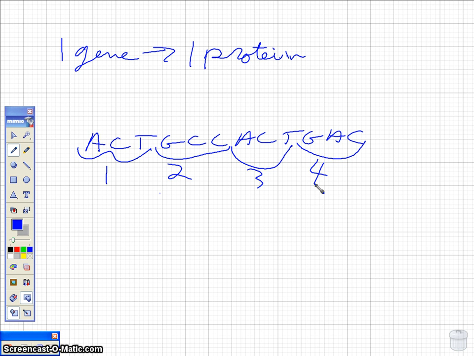Now, 2 of these, here and here, will be the same amino acid because they have the same word, the same codon. And these can be anywhere from a couple hundred letters long to 1,000,000 or more letters, depending on how big and complicated the protein needs to be. So remember, the order of the bases forms a code that tells what protein will be produced.